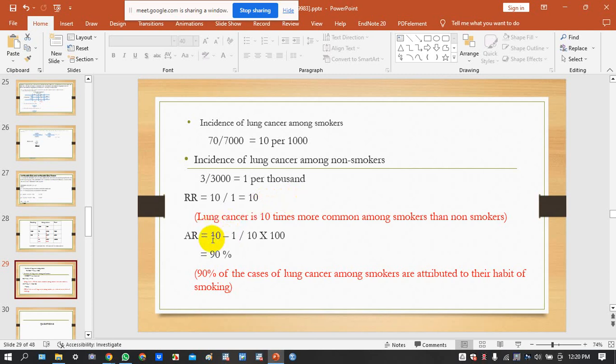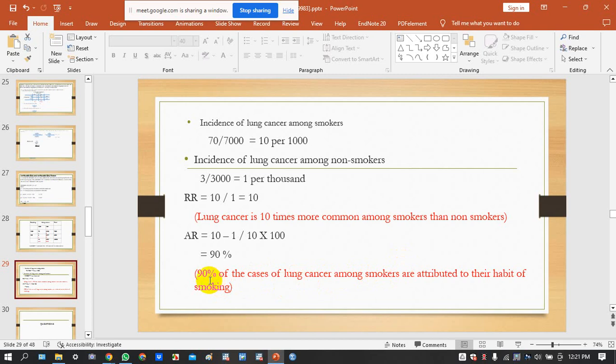If you want to find the attributable risk, then instead of dividing, you subtract 1 from 10 to get 9, then you multiply by 100 to get 90%. The meaning of attributable risk is that 90% of the cases of lung cancer among smokers are attributed to their habit of smoking.